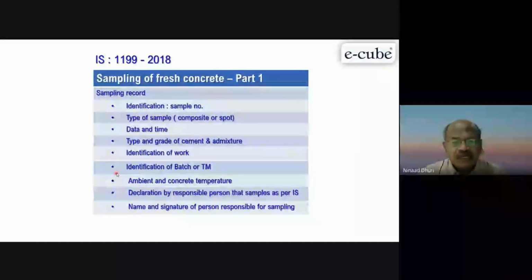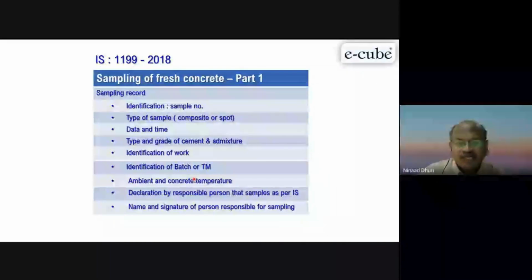Ambient temperature, as I discussed earlier, and concrete temperature, both are important, and both are always specified. What should be the temperature of concrete during placing? If the particular temperature is exceeded, we have to follow different norms.